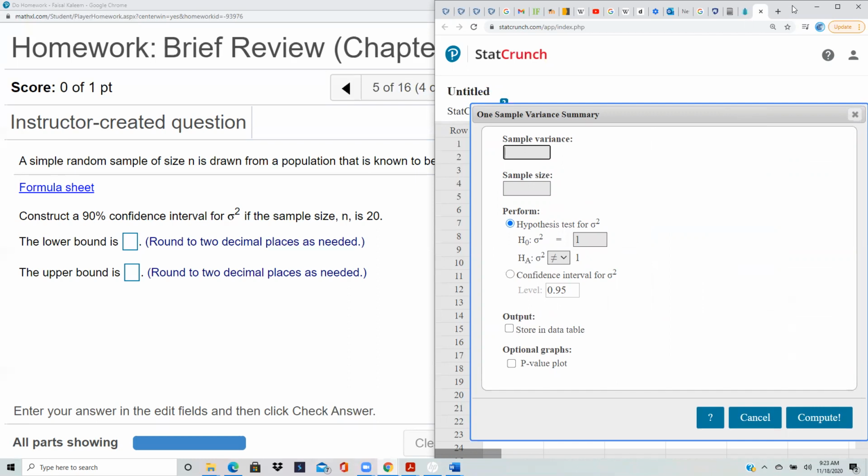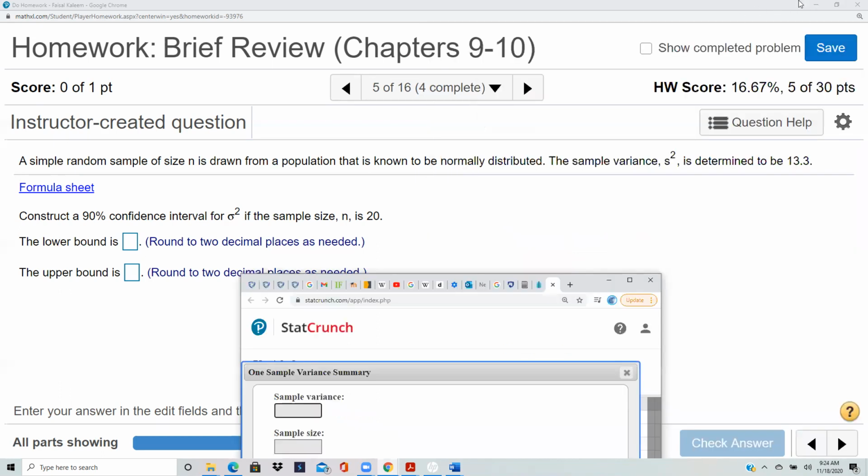Let's see in the problem. Mine's 13.4. I can't see. You can't see mine? No, sir, because it's at the end of that top statement. Really? So you can't see the whole screen? Okay, there it is. 13.3.